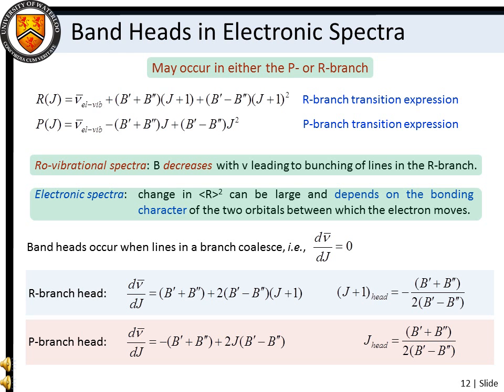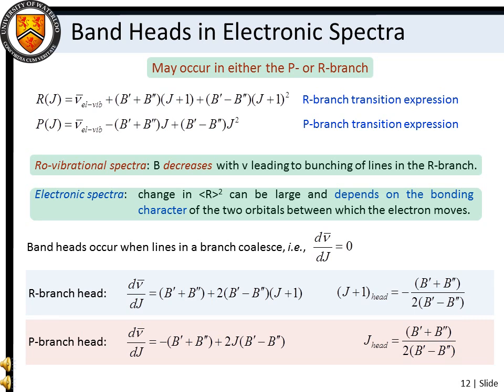In Masterclass 8, we learned that bandheads always occur in the R branch for vibrational spectroscopy. This is a result of the increase in mean bond length as a function of vibrational quantum number, owing to the potential energy anharmonicity. The change in mean bond length upon electronic excitation can be very large, and it depends on the difference in chemical bonding character between the two electronic states.